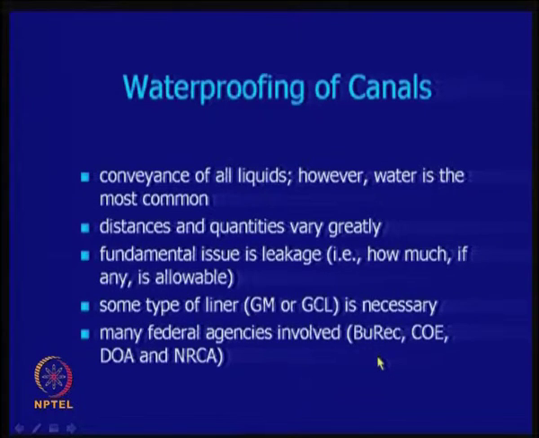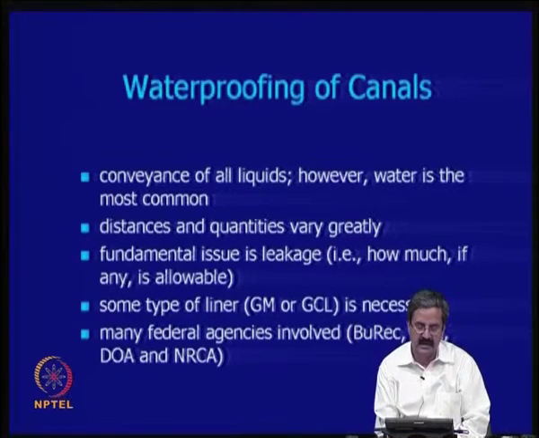Then waterproofing of canals. Actually in many places in India at least, for water supply and irrigation, for drinking and particularly irrigation, water is carried through canals, and they have large quantities going through them.